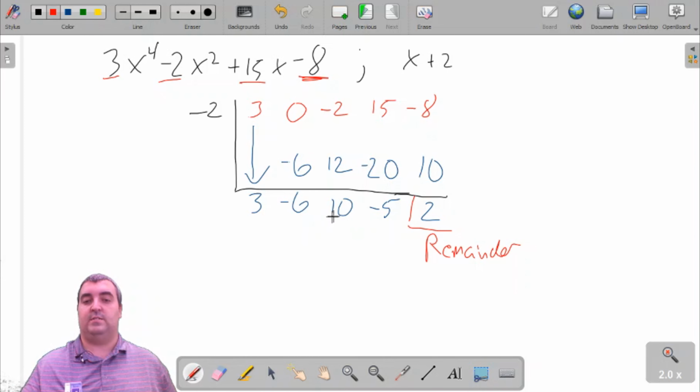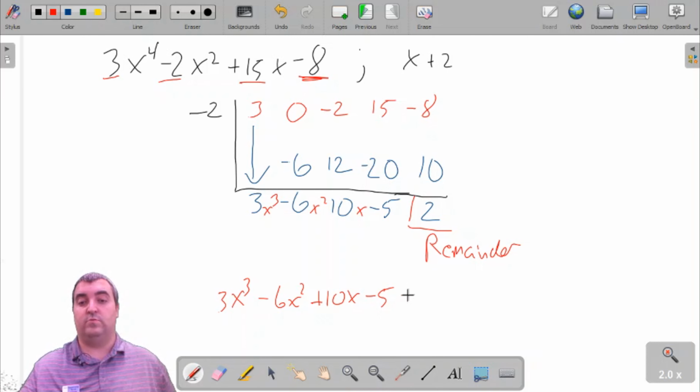Then it's our constant, then it's our x, then it's our x squared, then it would be our x cubed, and so on and so forth until we're done. If you wanted to start on the left side, you just take whatever the degree was and you go down 1. So our final answer for this is 3x cubed minus 6x squared plus 10x minus 5, remainder of 2.